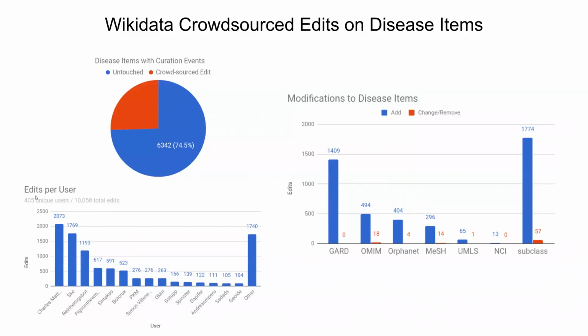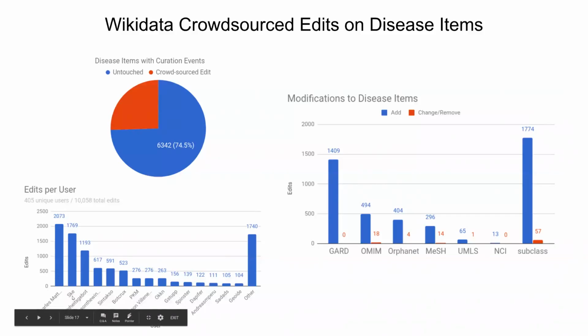So yeah, and other people have asked also, who's actually doing this? So this is a plot of number of edits per user. And you can see some of these are bots, but also sometimes you can write a bot and use your user account to run the bot. So the account may not be marked as a bot, but you could still automate it. So there's no way to really tell.